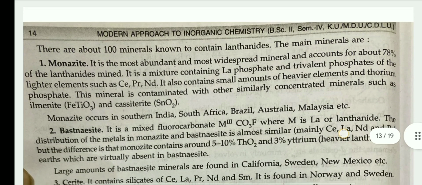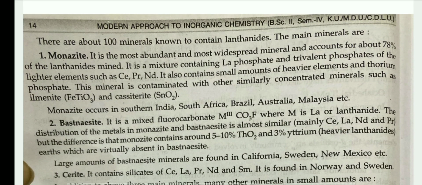There are about 100 minerals known to contain lanthanoids. The main minerals are monazite. It is the most abundant and most widespread mineral and accounts for about 78% of the lanthanoids mined. It is a mixture containing La phosphate and trivalent phosphates of the lighter elements such as Ce, Pr, and Nd.